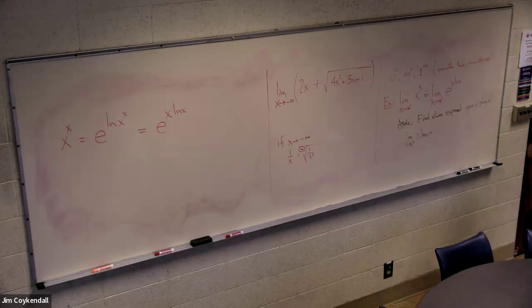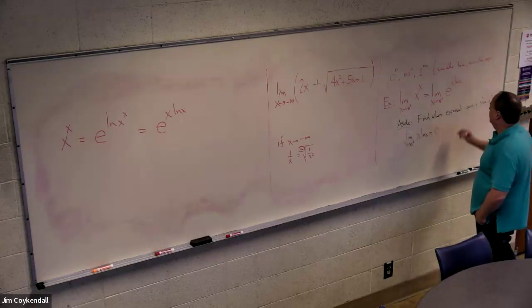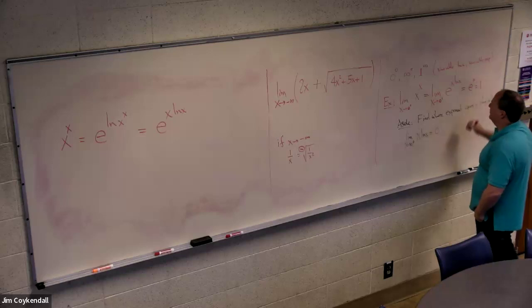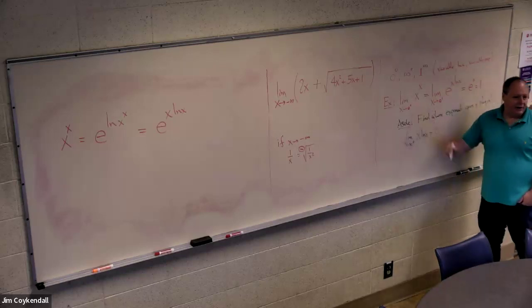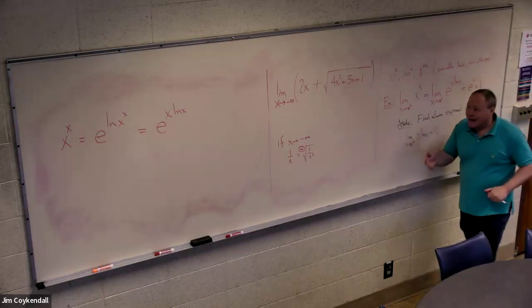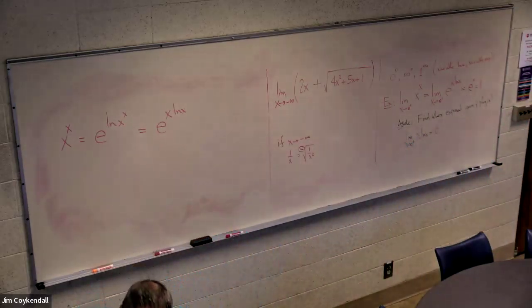No, actually, we got 0. This was actually 0. So the limit as x goes to 0 from the positive side of x log x is 0. So the limit of x to the x is 1.